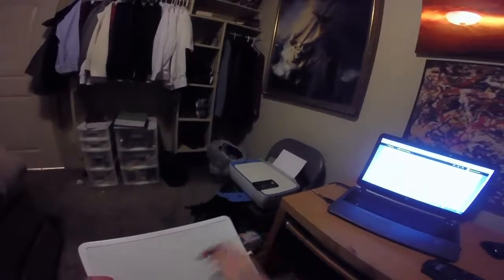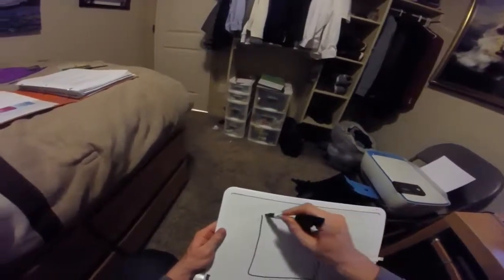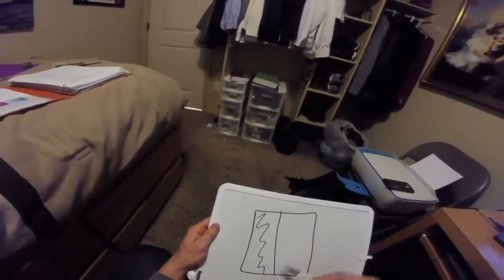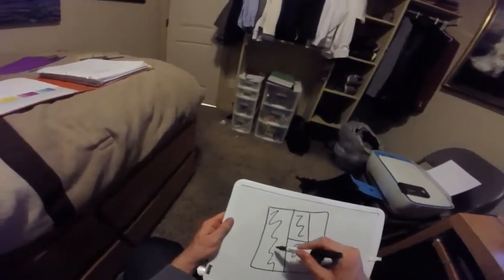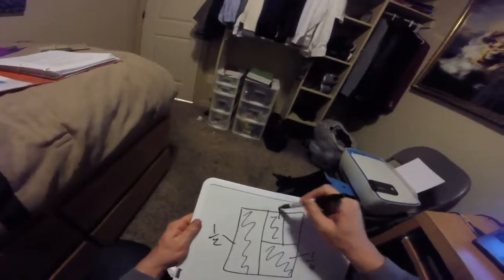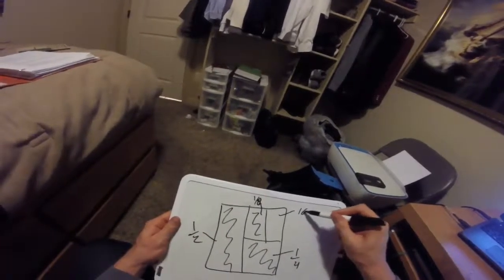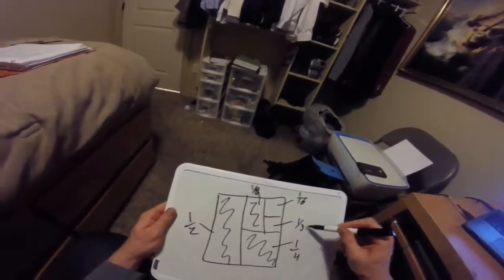Now, when it comes to converging on an infinite geometric sequence, let's say we have one piece of paper, and divide that in half. We divide that in half, that in half. So we essentially have 1/2, 1/4, 1/8, 1/16, and 1/32.